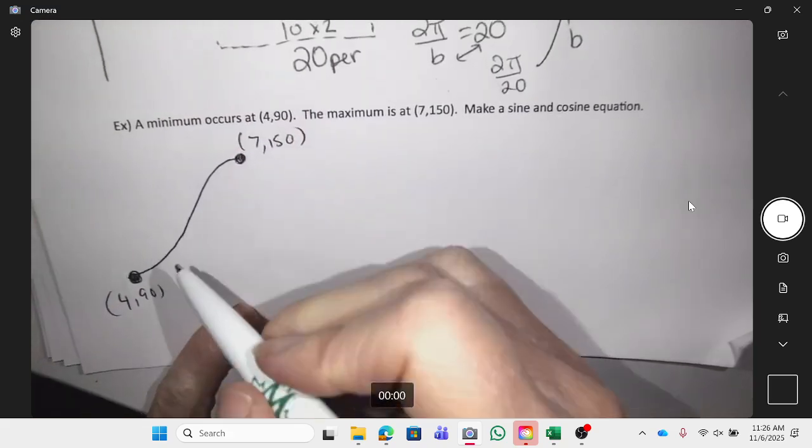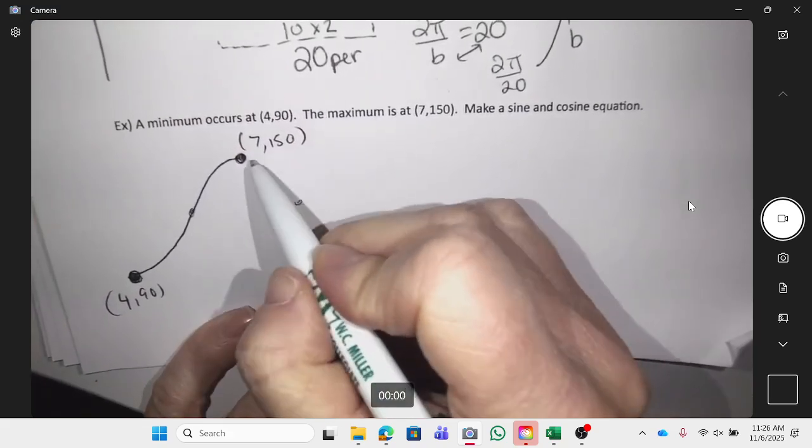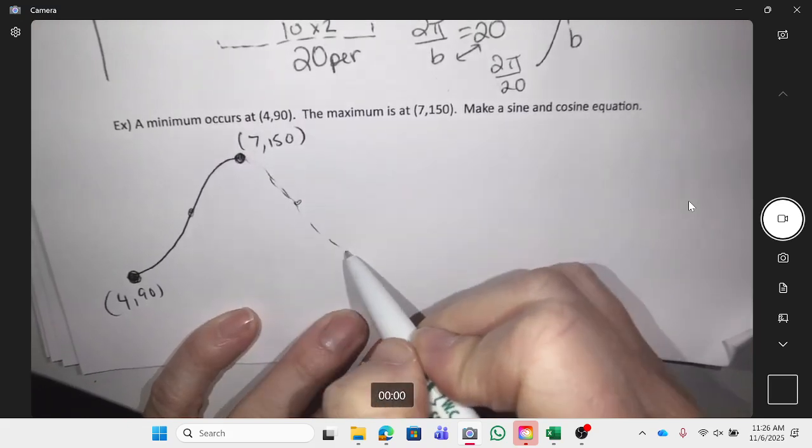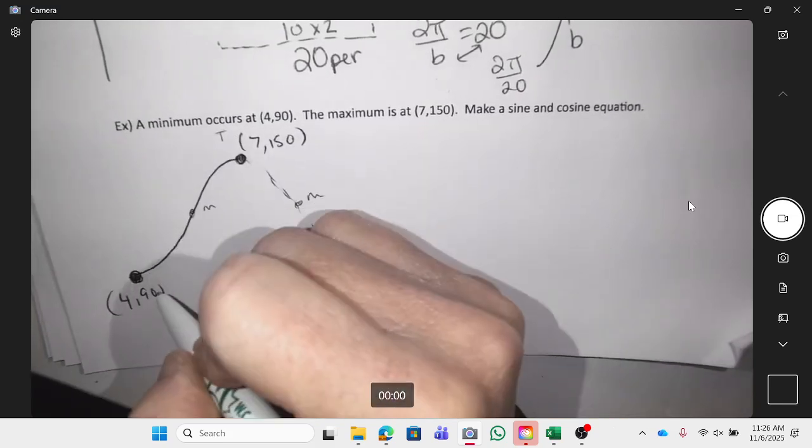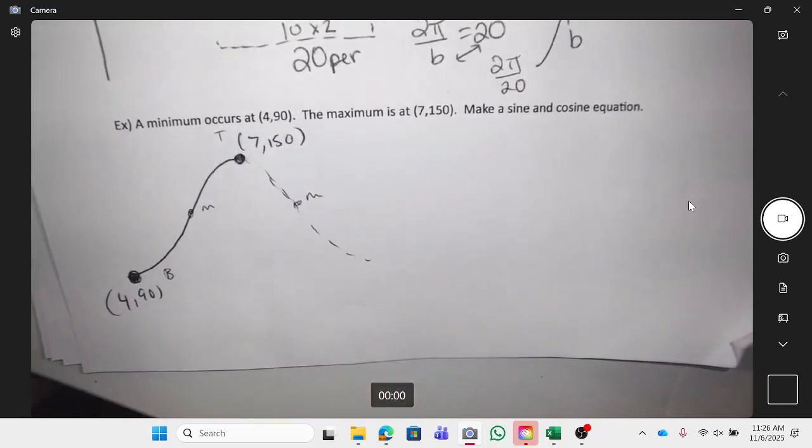You also know inside your cycle you'll also have midlines, right? So you can think about that: bottom, middle, top, middle. That's going to be the cycle of the wave.